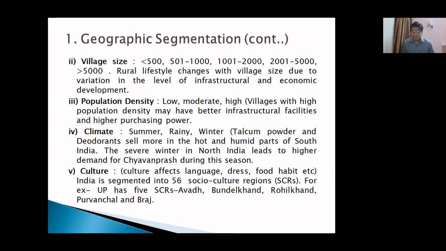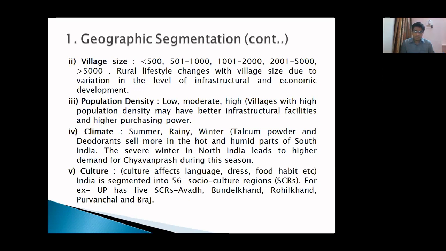Next is culture. It is being rightly said that India is a land of diverse culture. Culture affects language, dress, food habits, etc. India is segmented into 56 socio-cultural regions.